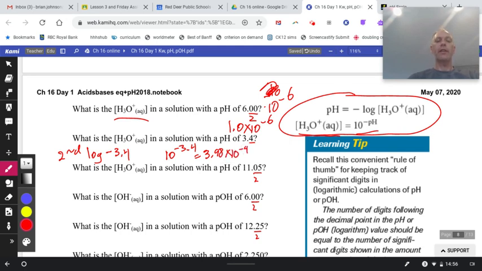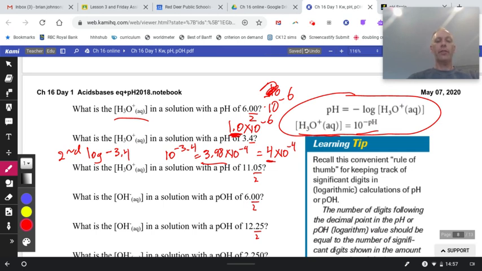Okay, sig digs. In our pH unit, there's only one decimal place, so I have to shrink this down to one number. So it becomes 4 times 10 to the negative 4, 1 sig dig. This is a concentration, so it's normal sig digs.